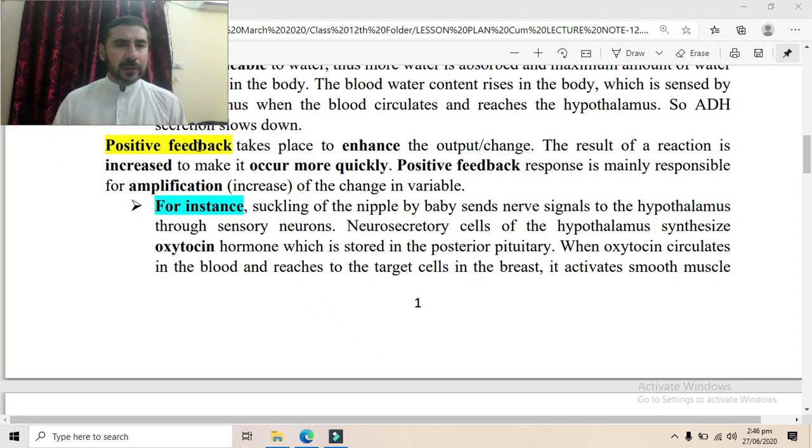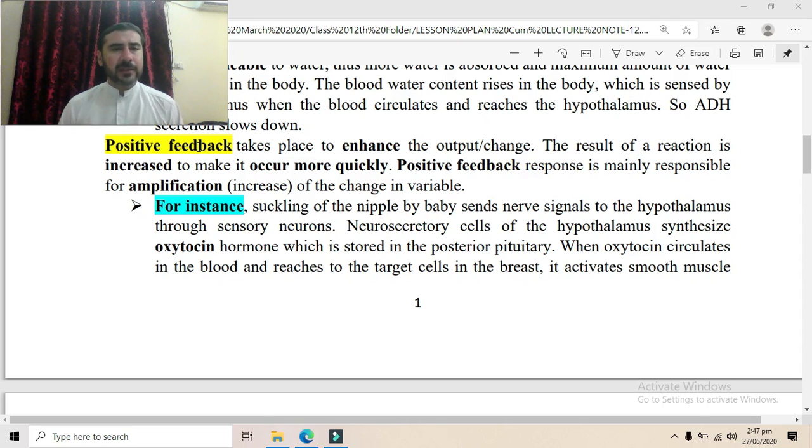Whenever some process is in progress in the body, there is a result of that process. In positive feedback, that result is enhanced, or in other words amplified, in order to carry out that process more quickly, with high speed. So this is positive feedback.